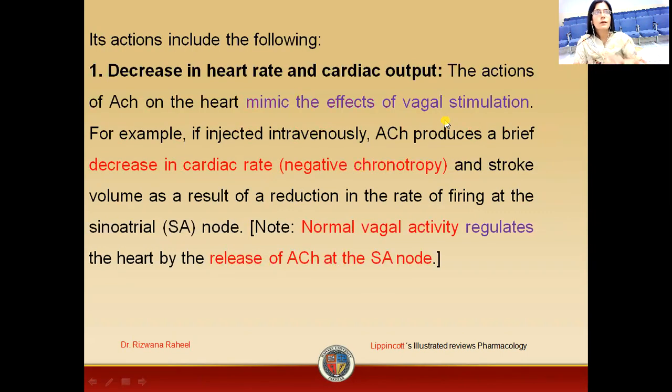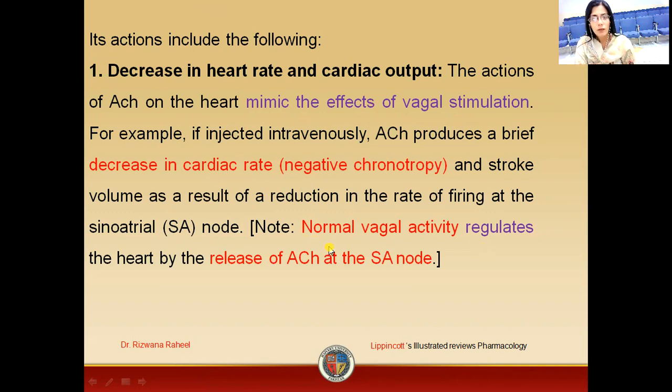Now, what are the effects of acetylcholine in the heart? Basically, this drug decreases the heart rate and causes a decrease in cardiac output. Acetylcholine actually mimics the effect of vagal stimulation. Now, what happens in normal vagal activity?